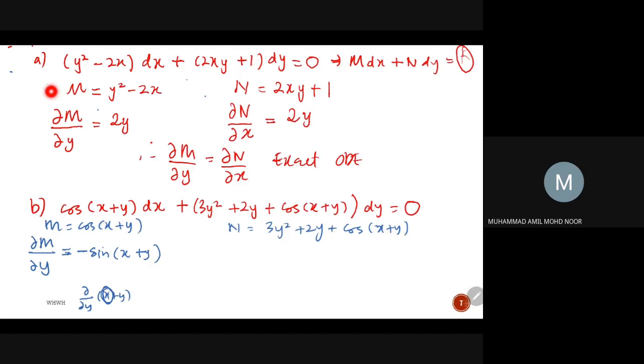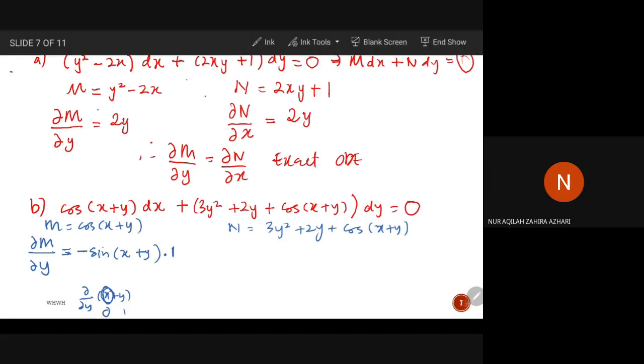Dapat kosong. Correct. And then differentiate y dapat? 1. Correct. So that's why you dapat negative sign x plus y times 1.